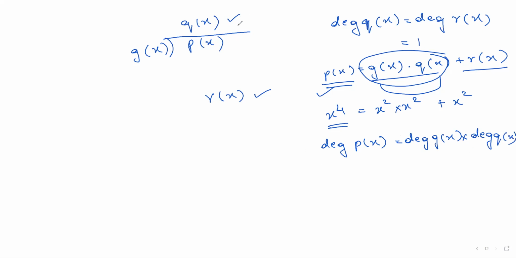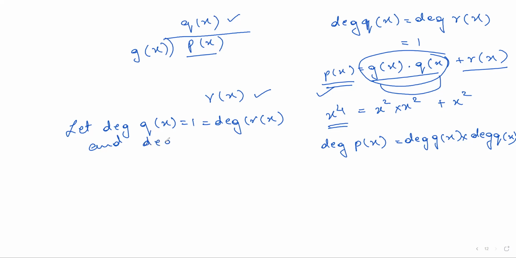Now we have considered degree of q of x as 1. So if this is 1, you will have to consider some degree for p of x as well. Let degree of q of x be equal to 1, which will be equal to degree of r of x.